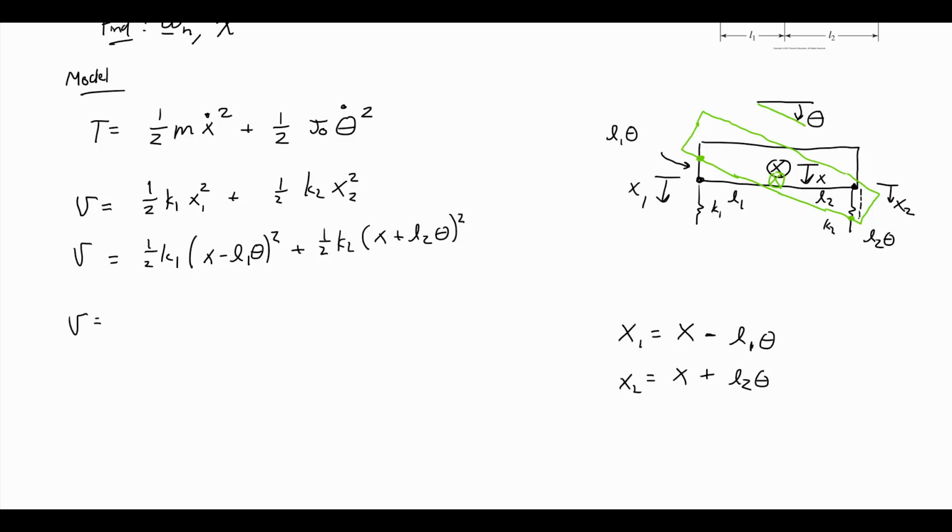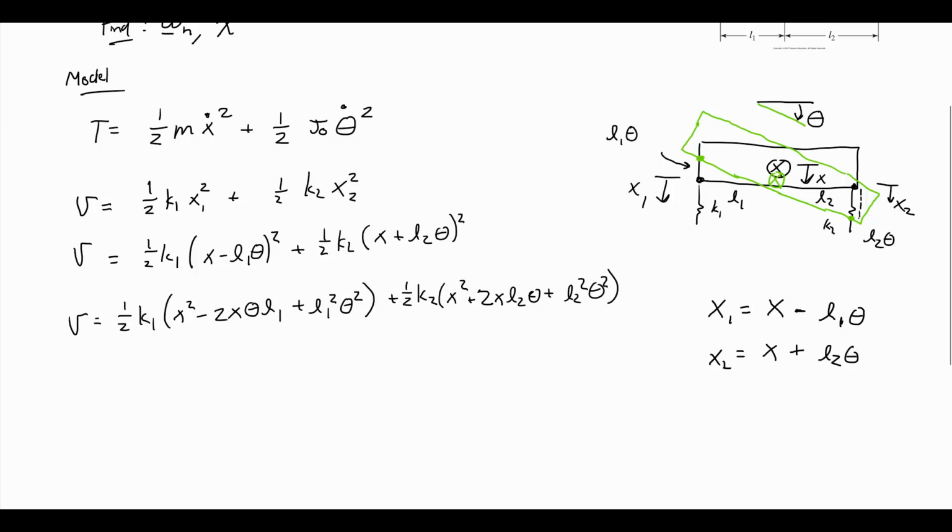I'm going to expand V out here and going to FOIL this. So I will get x squared minus 2x theta L1 plus L1 squared theta squared plus 1/2 K2 times x squared plus 2x L2 theta plus L2 squared theta squared.